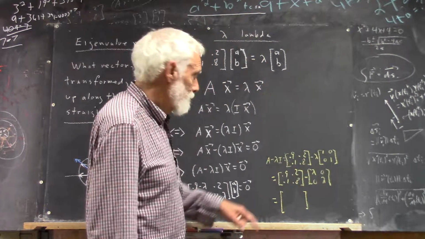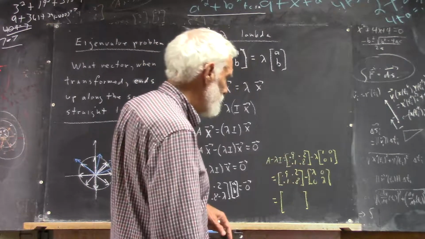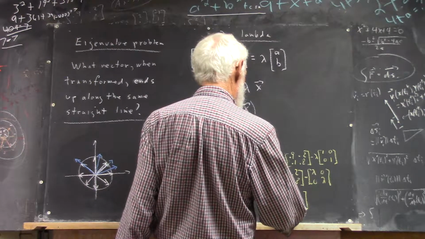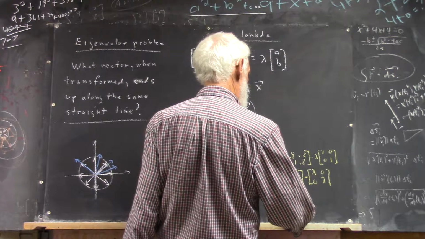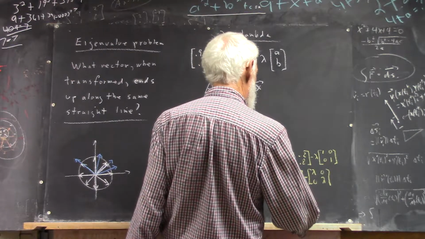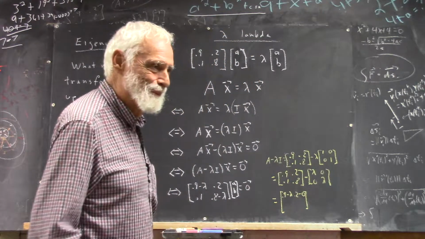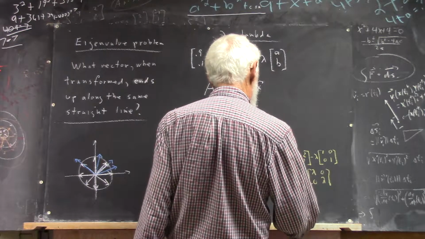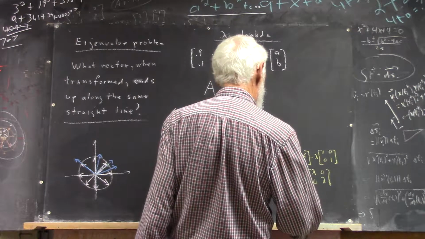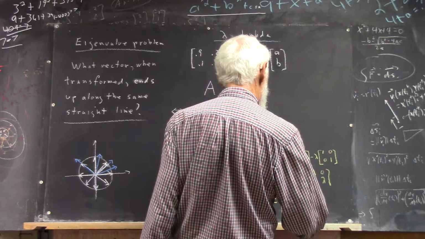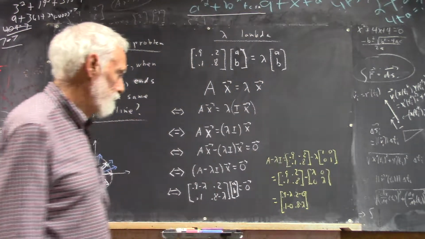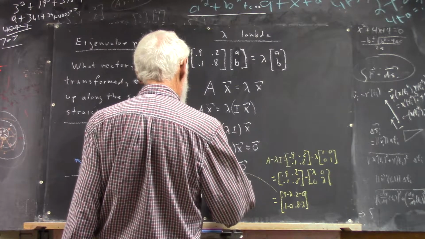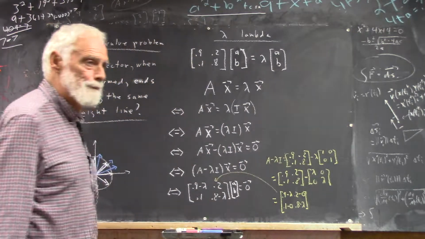So I get 0.9 minus lambda, 0.2 minus 0, 0.1 minus 0, 0.8 minus lambda, which is just this matrix.